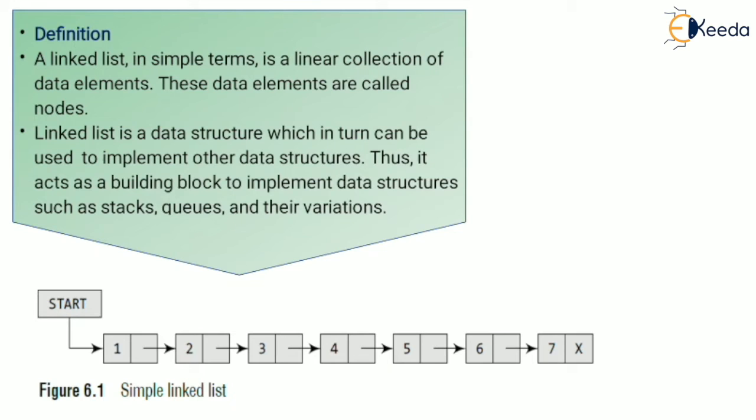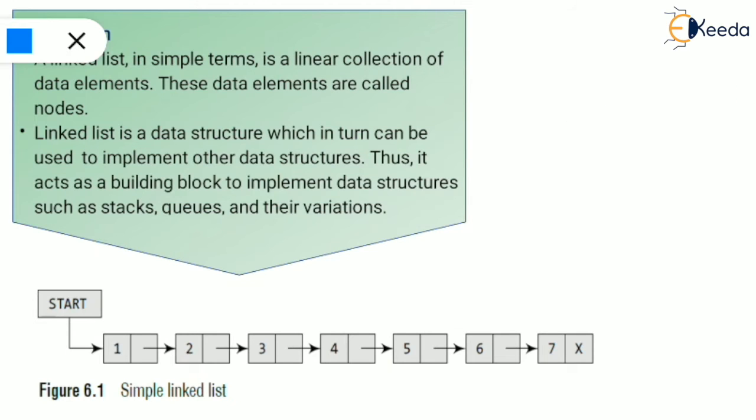We can traverse the entire list using start, which contains the address of the first node. The next part of the first node in turn stores the address of its succeeding node. Means start contains the address of the first node.